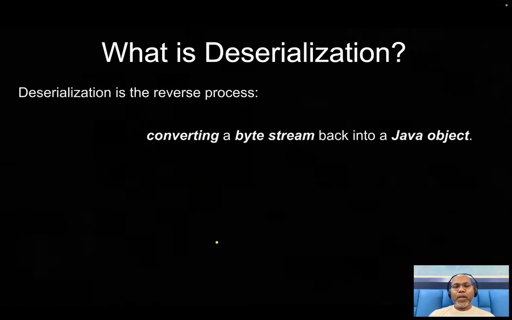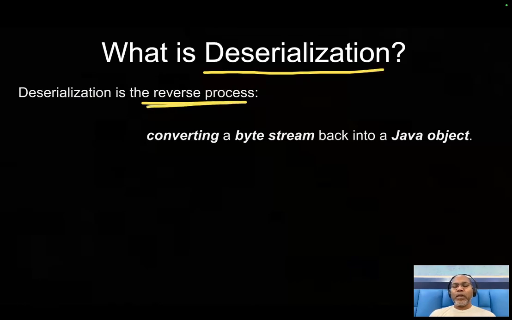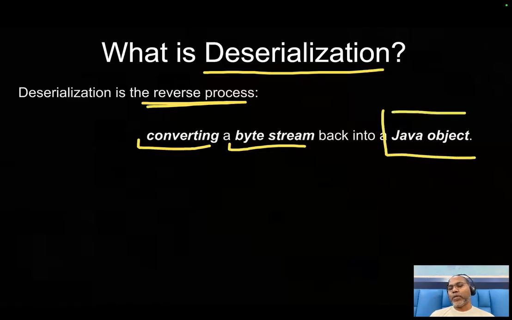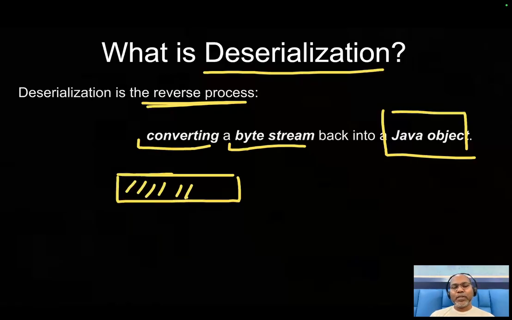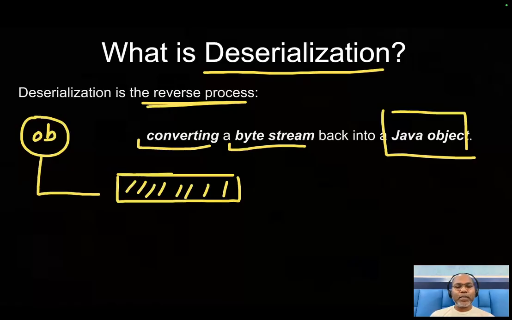Similarly, deserialization is just the reverse process of serialization, converting the byte stream back to your Java object. That means first we have a Java object, and using the serialization process you can convert it to a byte stream, and later read it and convert it again to a Java object.